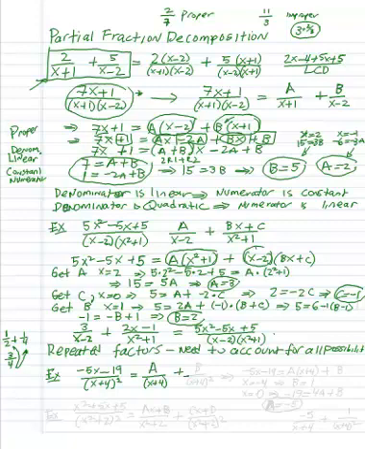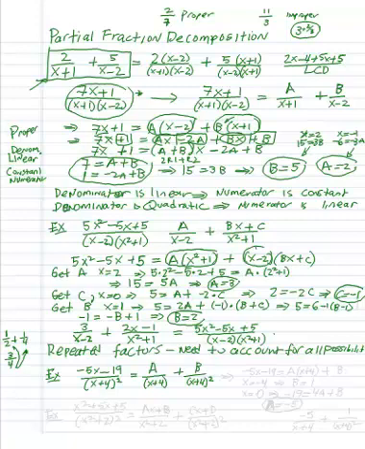But I could also have a denominator that accounts for that repeated factor, that x plus 4 squared piece. And my numerator would also be a constant as well, because it's a linear factor that was repeated. So I have a constant on top. And so this is what my decomposition would look like.